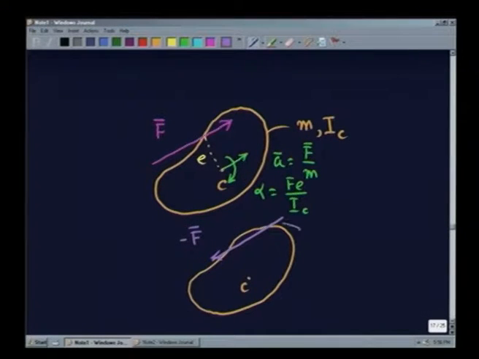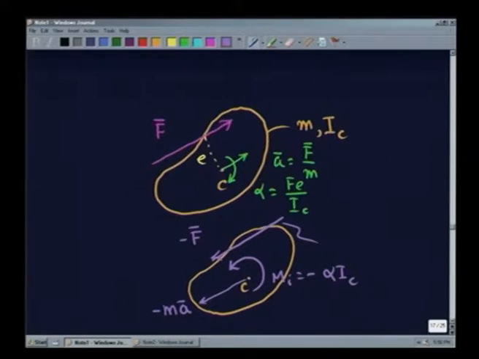So, this is nothing but the resultant of an inertia force minus m a and an inertia moment, which is minus alpha I c.